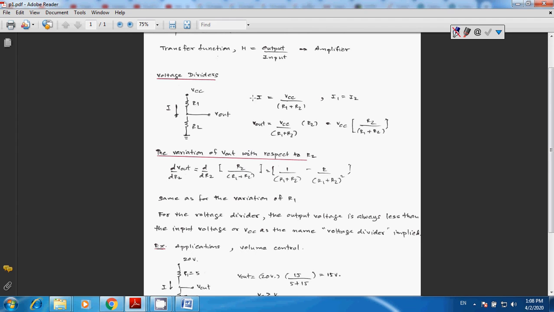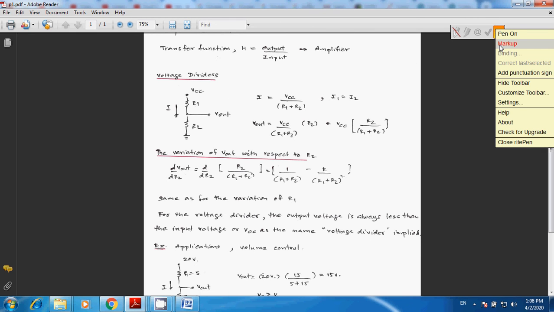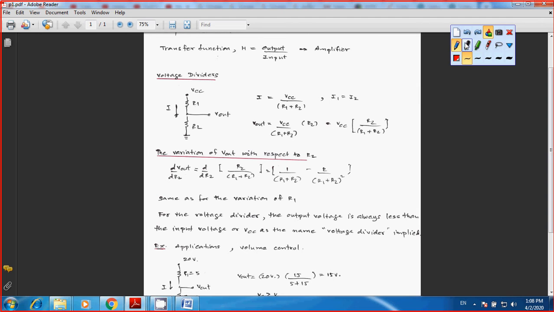That means your current equals the input voltage divided by the net resistance of your circuit. So in this case, it's R1 plus R2. And you also know that the current flowing to R1 is equal to the current flowing through R2.